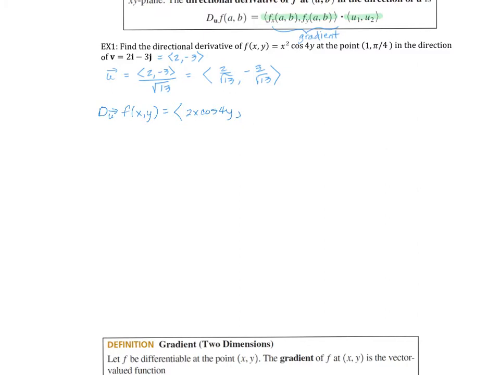Oh, but it would be negative. So this is going to be negative 4x squared sine of 4y. And I didn't really go through all the steps. That was in the previous section.